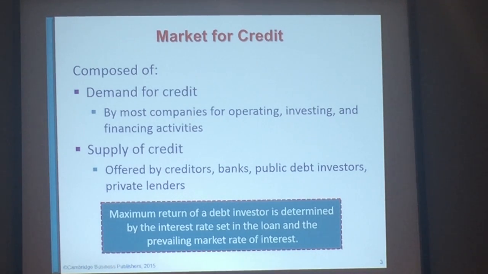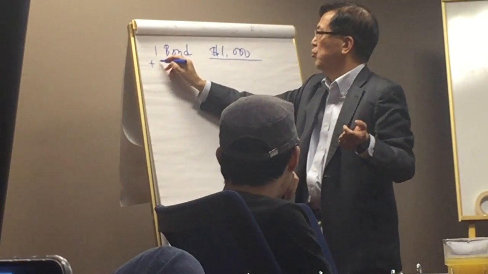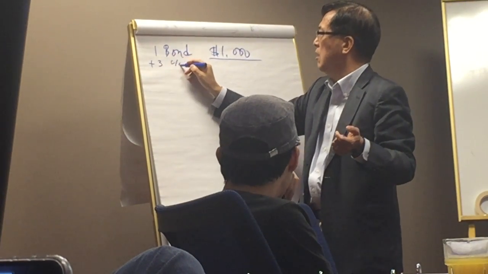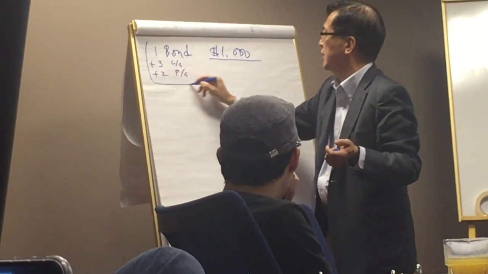A bond investment is usually one unit of $1,000, and when they sell this bond security, they will say, okay, package. I will package 1 unit of bond plus 3 common stock plus 2 preferred stock. This will be one package.